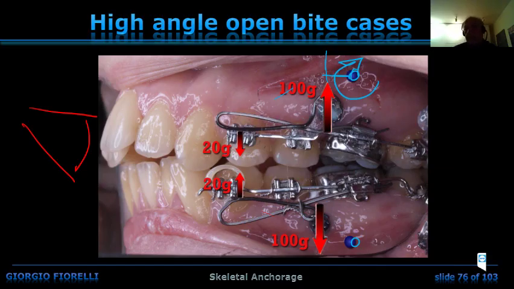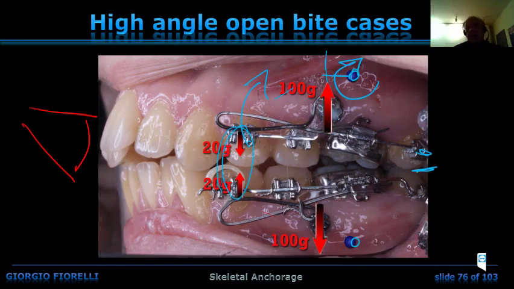So you are producing a force and a moment, and this means that you would see a rotation with more intrusion of the premolars, and maybe the second molar is not intruding at all. And so you are not getting anything for the solution of your open bite because you still have a contact down here. So what you have to do is just to apply a little force at this level.